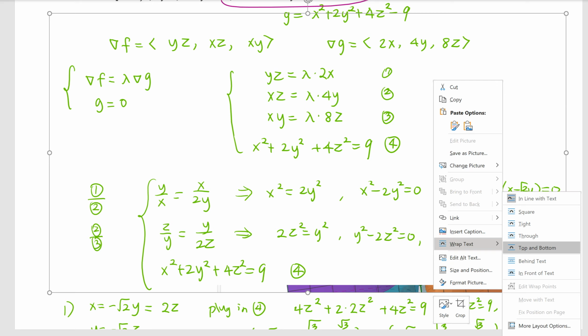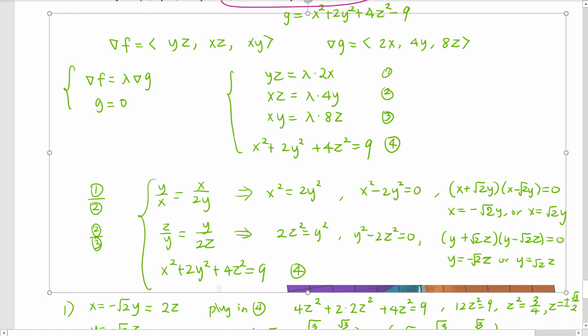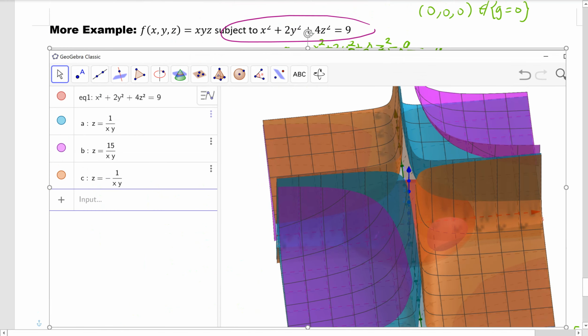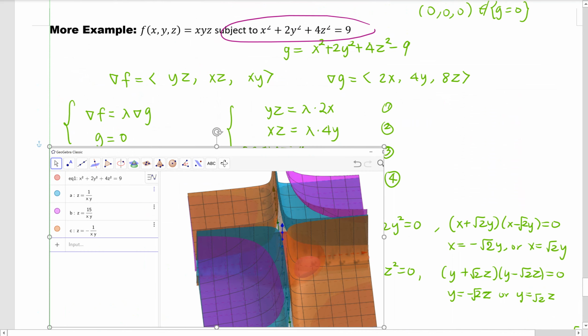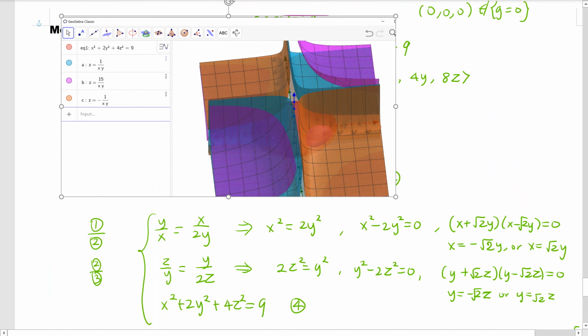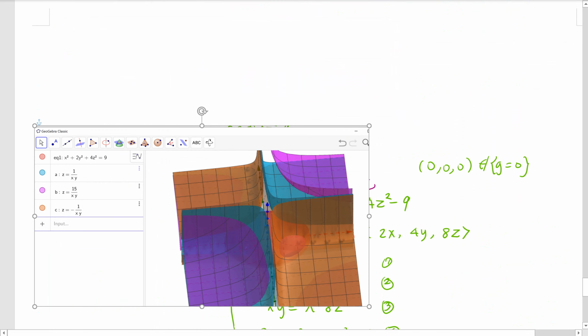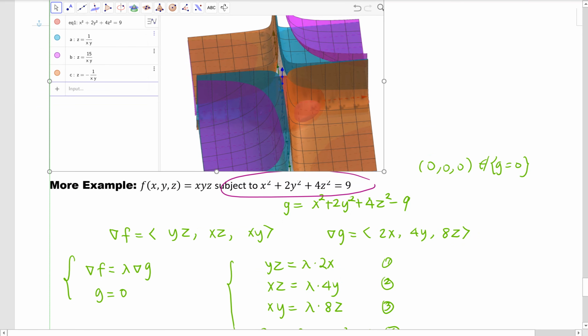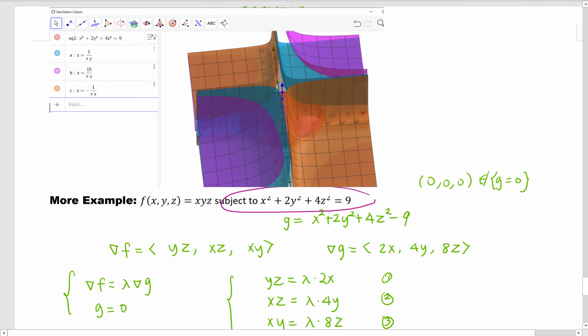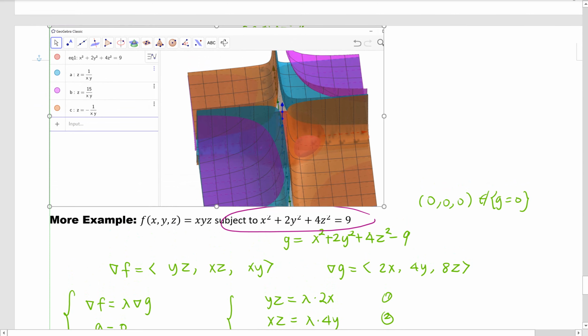Let me make it smaller and put it here. Then you can see this picture in the notes.